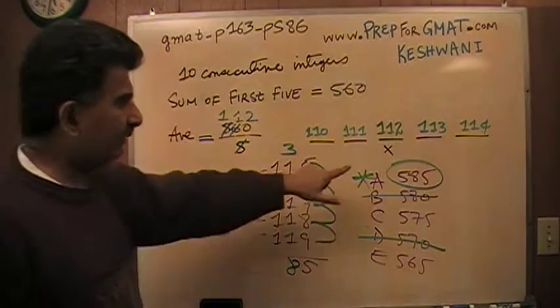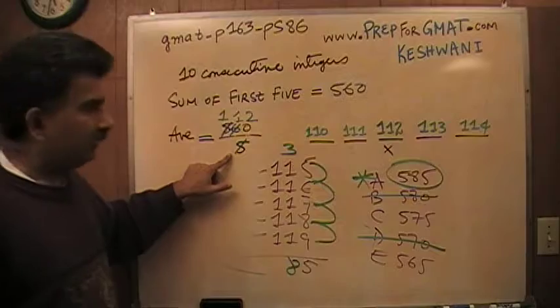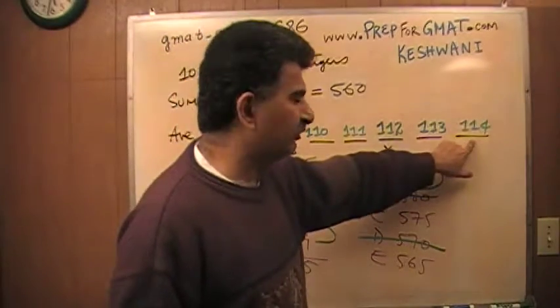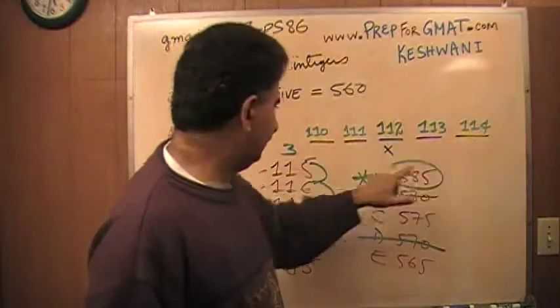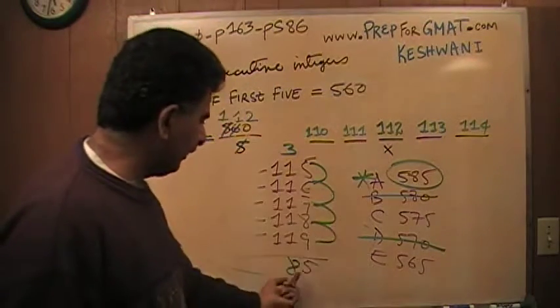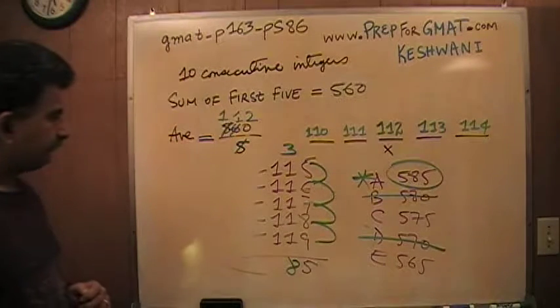The average is this middle number right here, 112. Once I know that, the next one has to be 113, and the one after has to be 114. So here are my remaining 5 numbers. Just add them up, and they add up to 585.